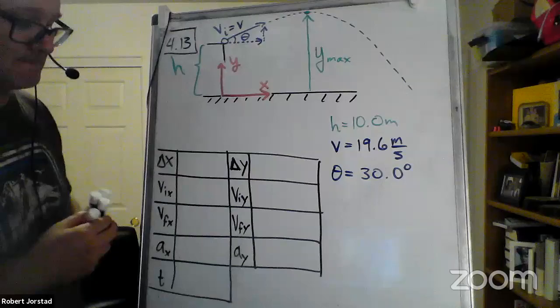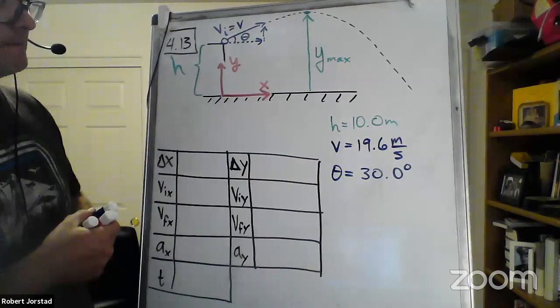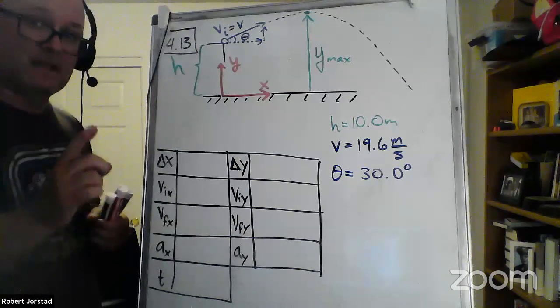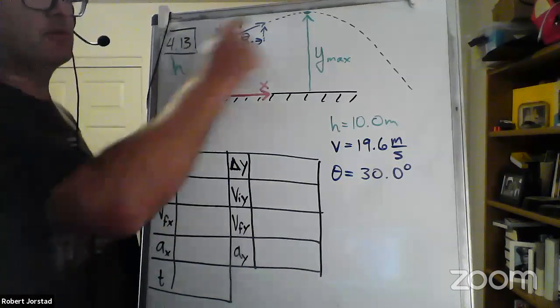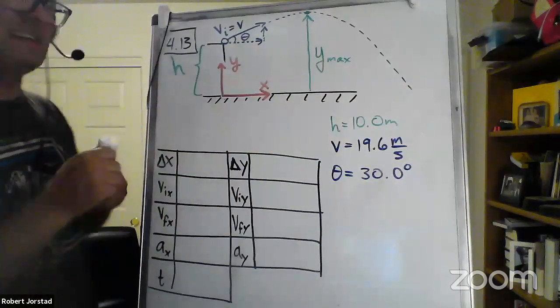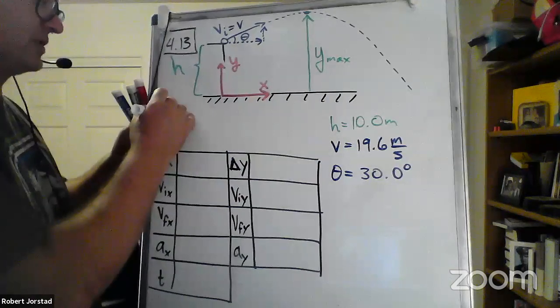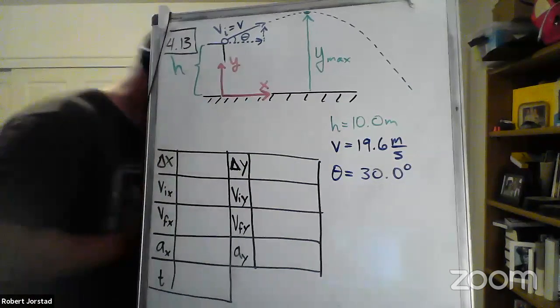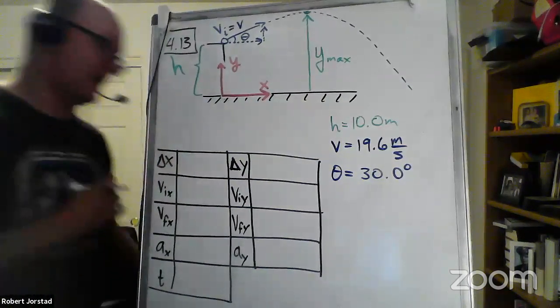Delta Y. What is delta Y going to be? Negative 10 meters. No. And that's a good thought. That would be true if we were going all the way to here, right? This problem is asking, that's one of the things I wanted to look out for. So in this problem, we're supposed to get, what did it say? Max height.